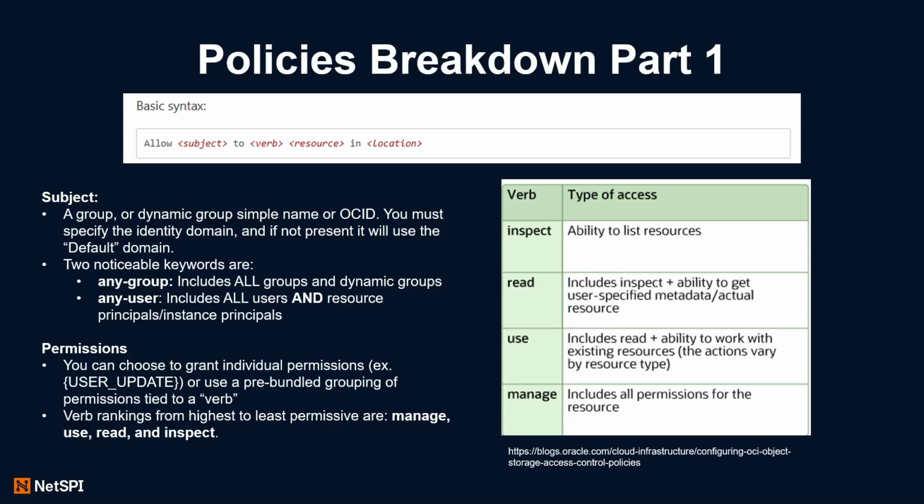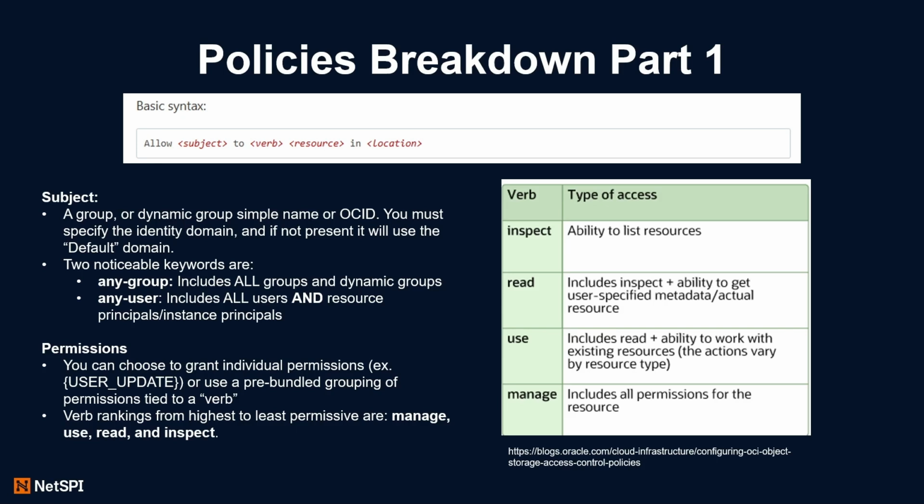So, policies breakdown, diving a bit deeper into that, these are the allow statements. You have allow some type of subject to do something on something in something. Starting with the subject, usually when you're writing statements in OCI, you specify a group or dynamic group simple name or OCID.